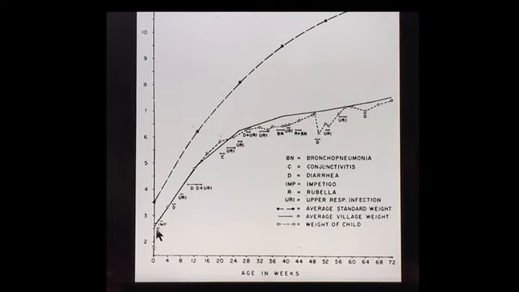So for this one child, the child is born, has conjunctivitis or an eye infection very quickly, then impetigo, a skin infection, very early on, and then a diarrhea episode, upper respiratory tract infection, diarrhea, conjunctivitis again, URI, diarrhea, URI, finally a bronchopneumonia here, at around age 40 weeks. And as you can see by now, the child has significantly fallen off the normal of that growth chart.